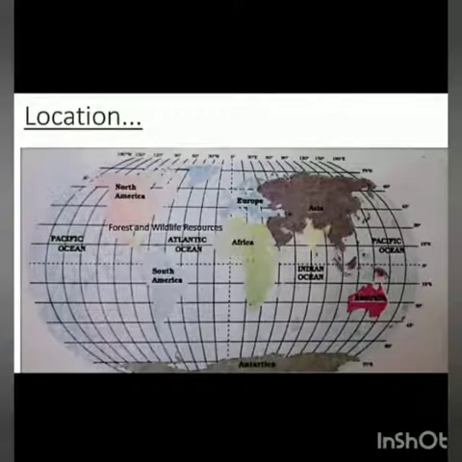Students, now we will discuss the location of India in the world map. See the given picture. From this picture, you can clearly see that India is located in the northern hemisphere. What is the position of India?